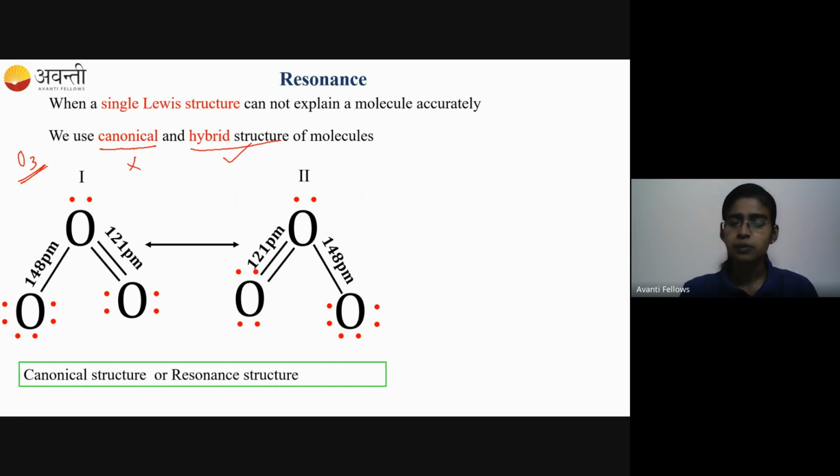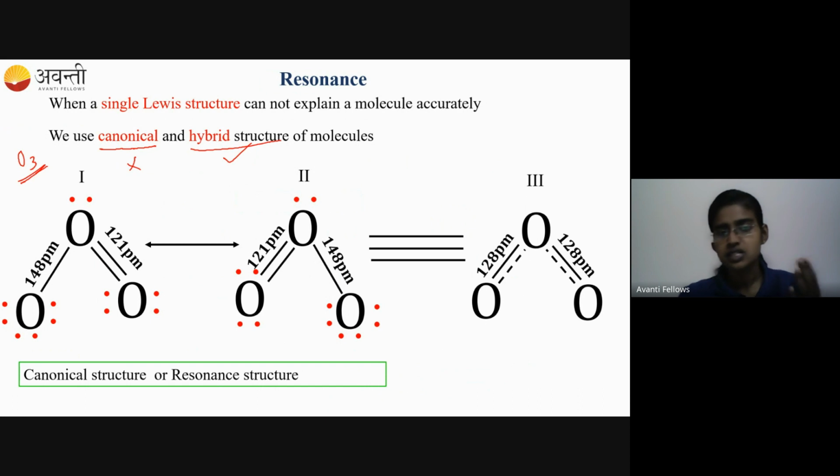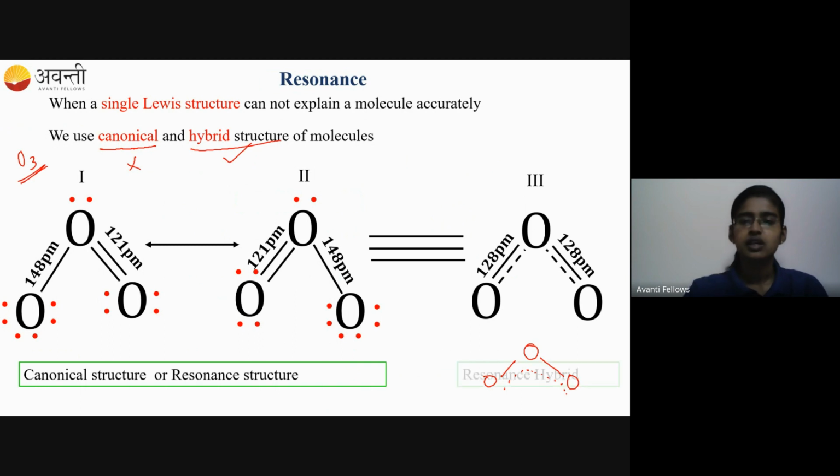Now, how do we represent the hybrid structure of this ozone? You just take that pi bond out and put a dot. Just represent only the sigma bond and represent the pi electrons using dots or dashed lines, which will give you the resonance hybrid. So only the resonance hybrid exists in reality.